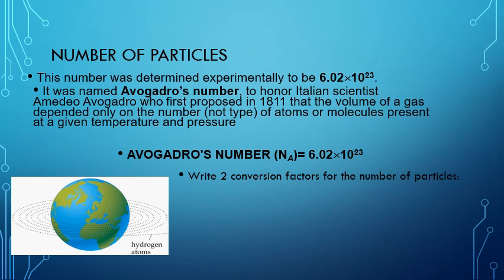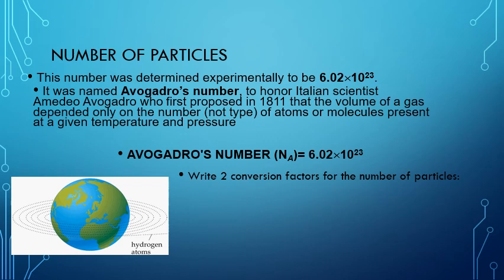If we were to line the equator of the Earth with nothing but hydrogen atoms in a single file line going all the way around, we could wrap the hydrogen atoms around the Earth over 1,000,000 times. Also, if we were to think about the volume, if we had a mole of softballs, 6.02 times 10 to the 23rd softballs, they would have about the same volume that the Earth has.